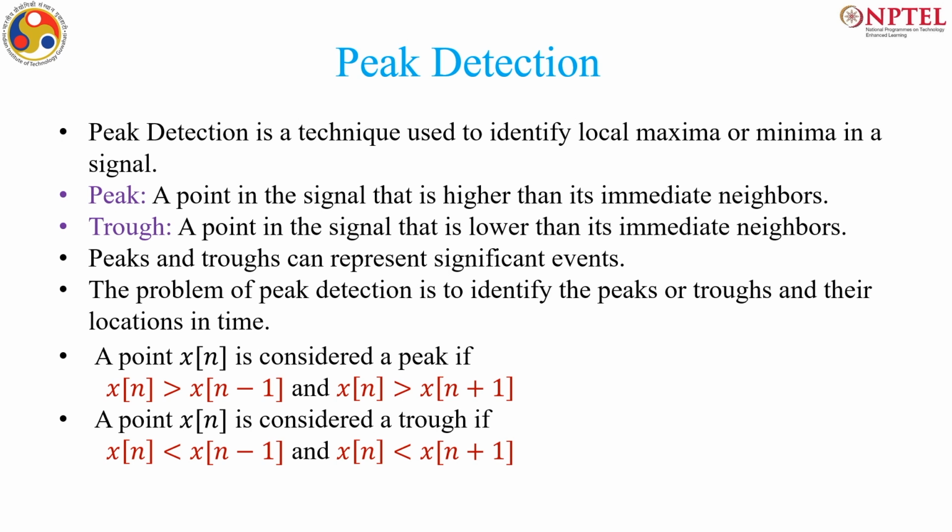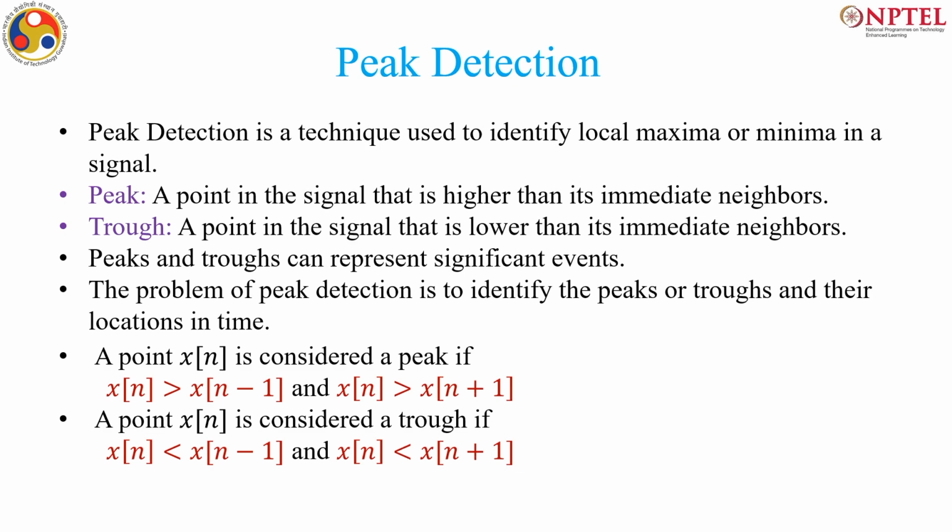So what is the problem of peak detection? The problem is to identify the peaks and troughs and their specific locations in time. As per the definition, a point x[n] will be considered as a peak if it is greater than its previous sample x[n-1] and the following sample x[n+1].